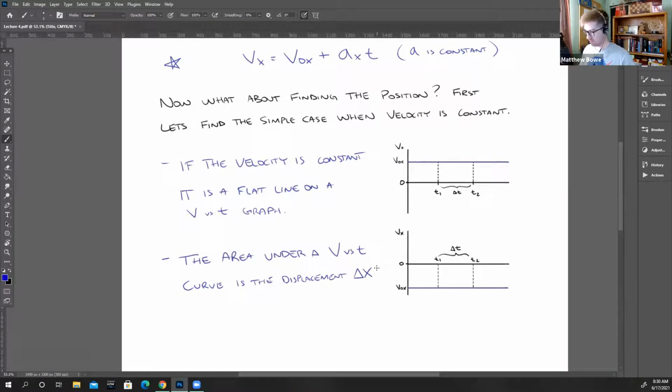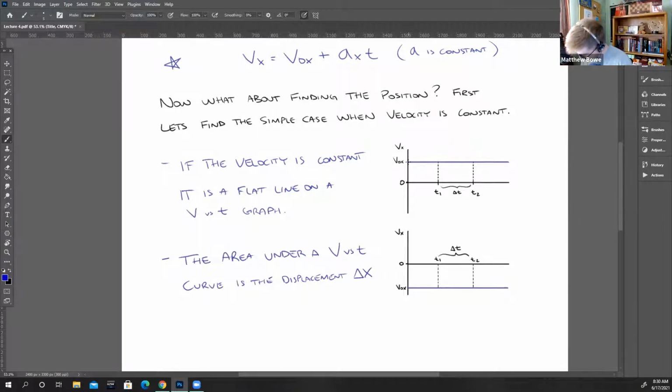So that makes these graphs actually very valuable. If I didn't want to do all of this math, maybe some calculations are a bit too difficult, I can just find the area under this curve.